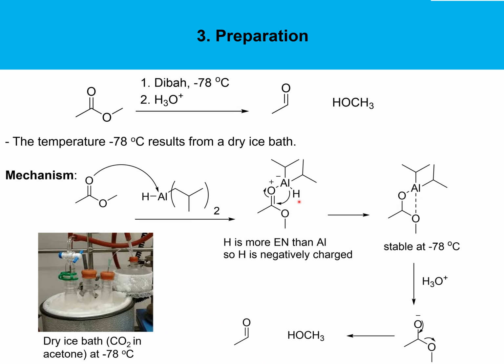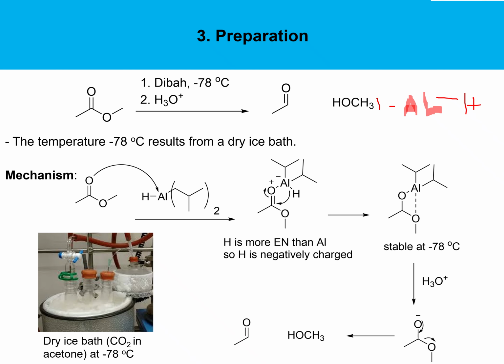Now notice DIBAL is slightly different than other hydride reagents we talked about, like lithium aluminum hydride and sodium borohydride. Those reagents, in the case of lithium aluminum hydride, had an aluminum atom that had four hydrogens around it.